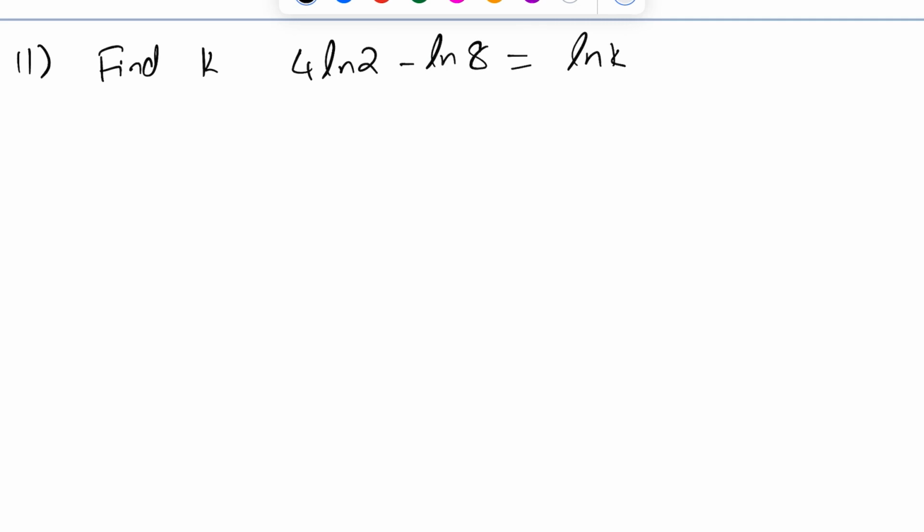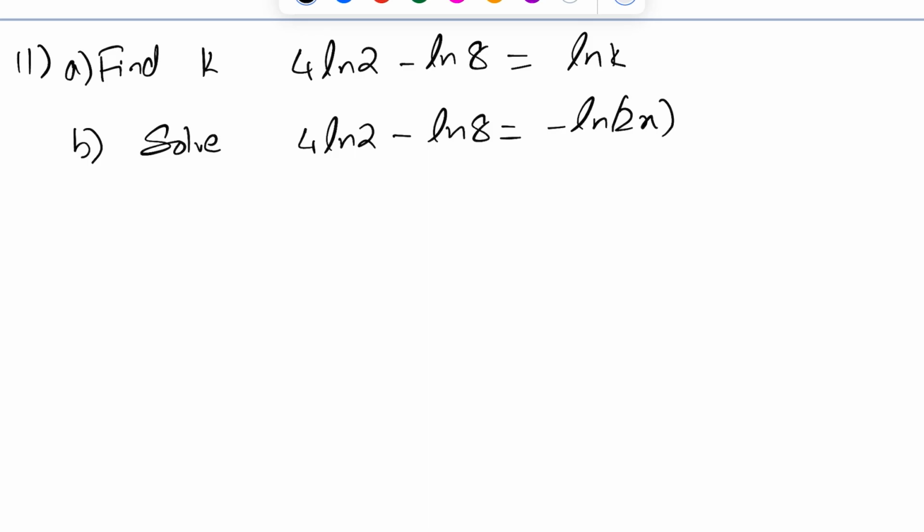Now coming to question number 11. Find k when 4 ln 2 minus ln 8 equals ln k. That is the first part. And the second part is solve 4 ln 2 minus ln 8 equals minus ln 2x.